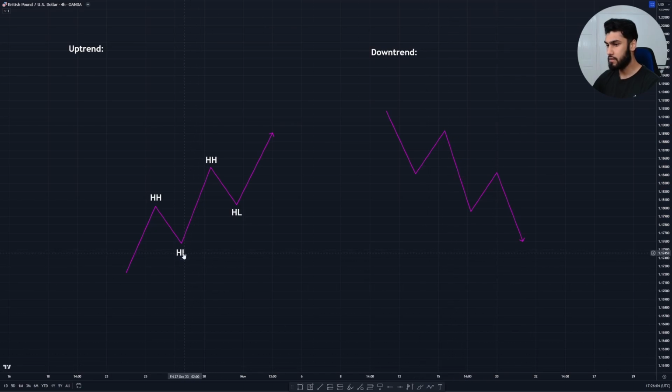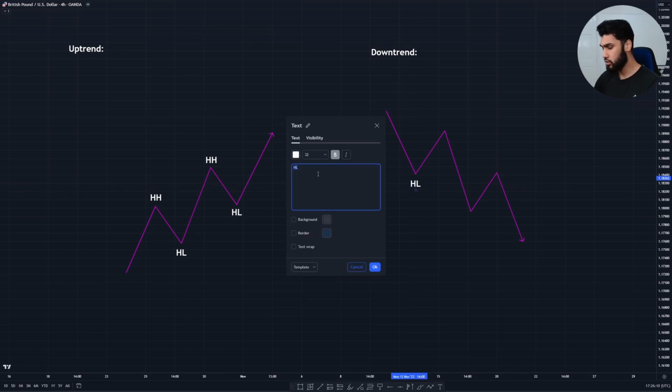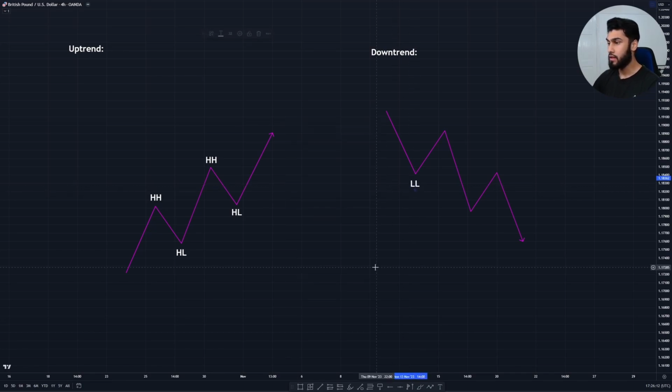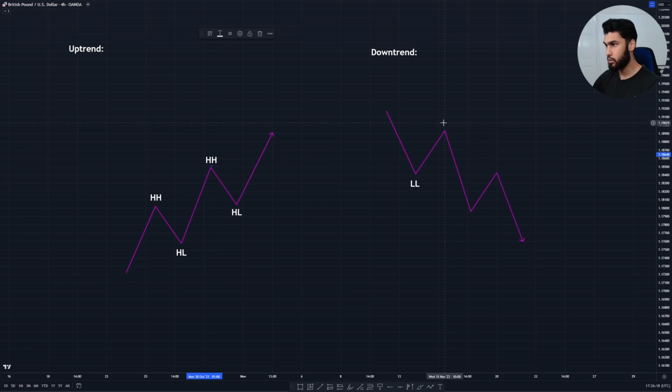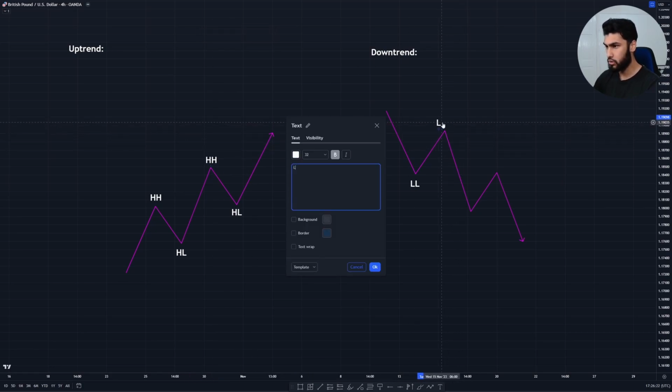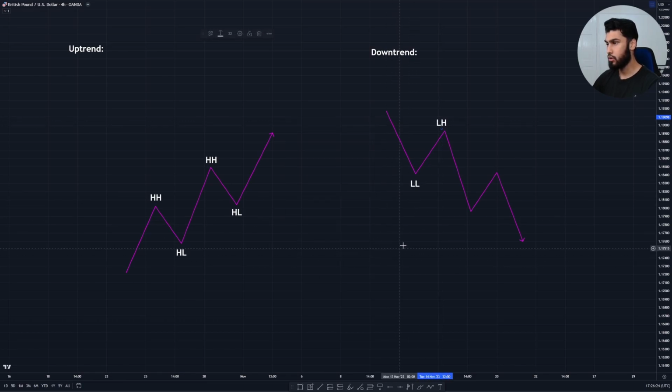Now, this is the very basic principle of what an uptrend and a downtrend is, but we're now going to go into a little bit more detail for the beginners who may not know specifically what to be looking for. So let's quickly annotate these properly. These will be called our lower highs and lower lows. This is another lower high point right over here, and this will be a lower low point as such.